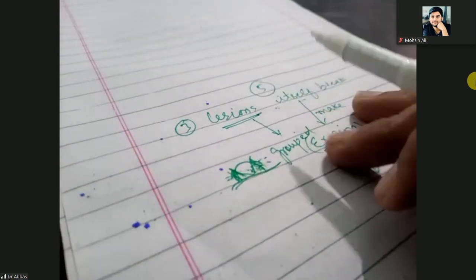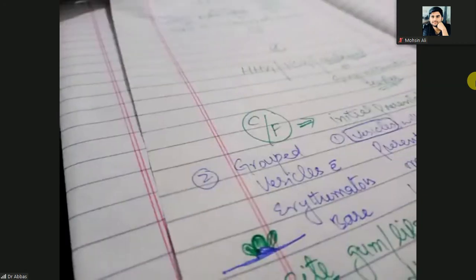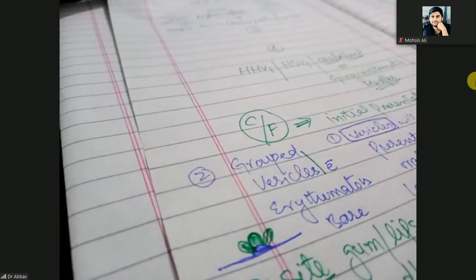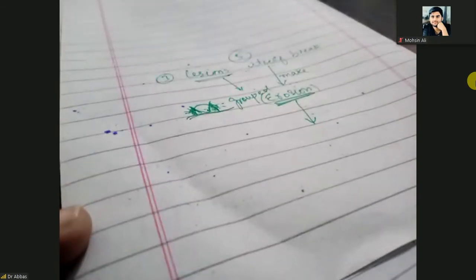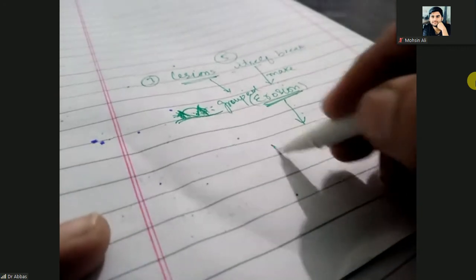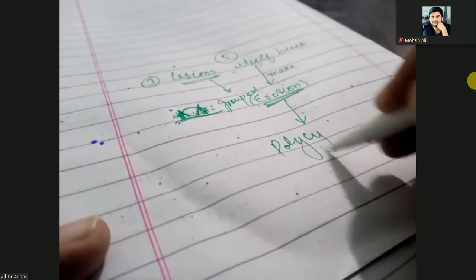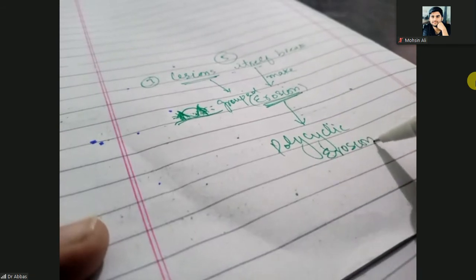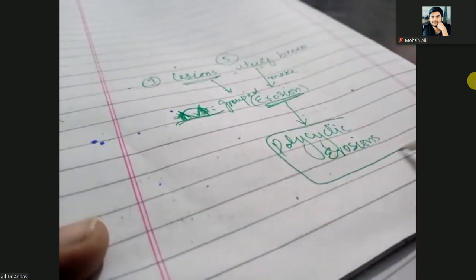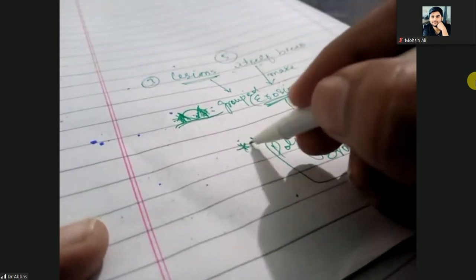Look at the previous page, I will show you the image. These are the grouped vesicles, grouped lesions. When these grouped lesions break, they leave grouped erosions, and we call these polycyclic erosions. They can ask you in your MCQs, this is an important point.